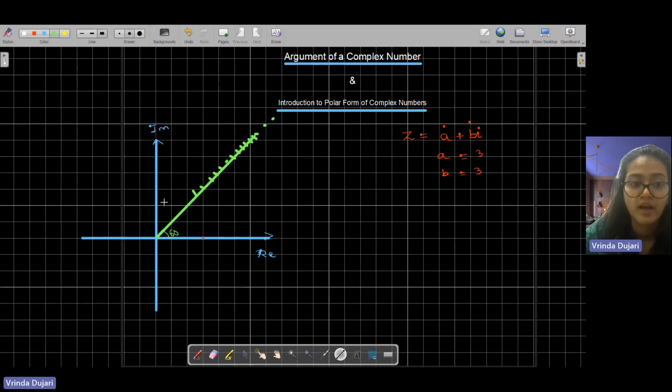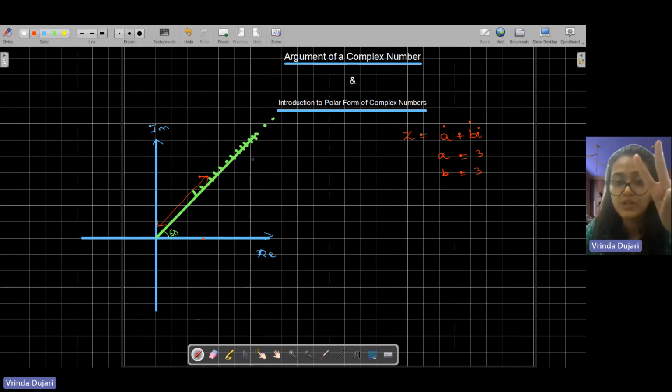But what if I also know its distance from the origin? Let's say the distance is this much. Okay, I know this length, how far away my complex number is from the origin.